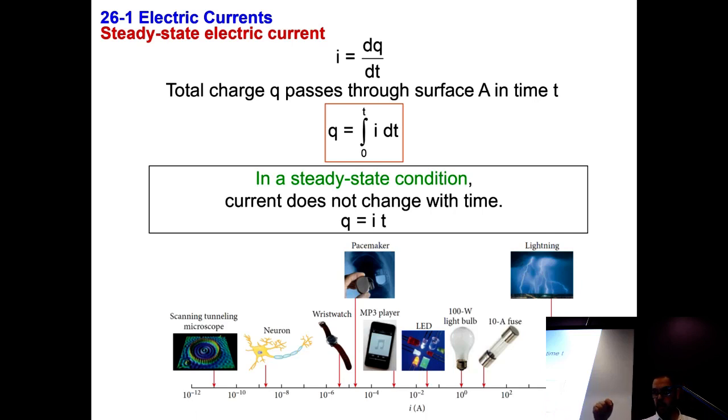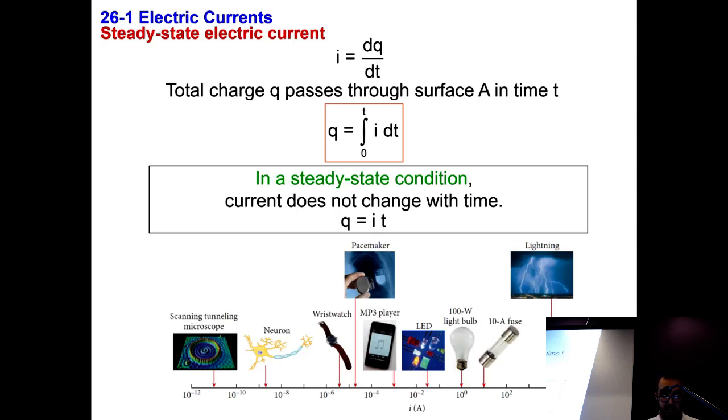You can say this is a current, but it's really a current of ions, a flow of potassium and calcium ions in and out of the neurons. The current is about 10^-9 amps, nanoamps. A wristwatch is about 10^-5. Your MP3 player is about 10^-3, milliamps.